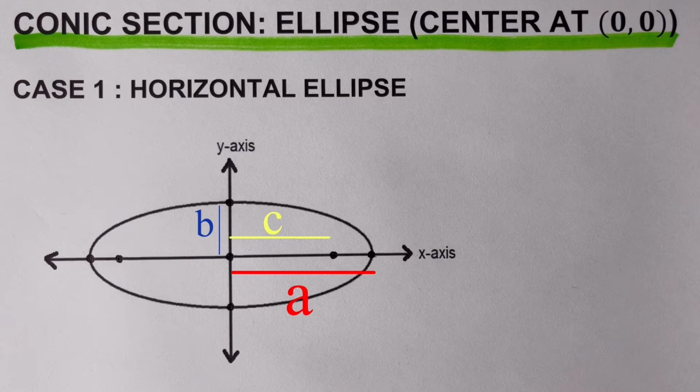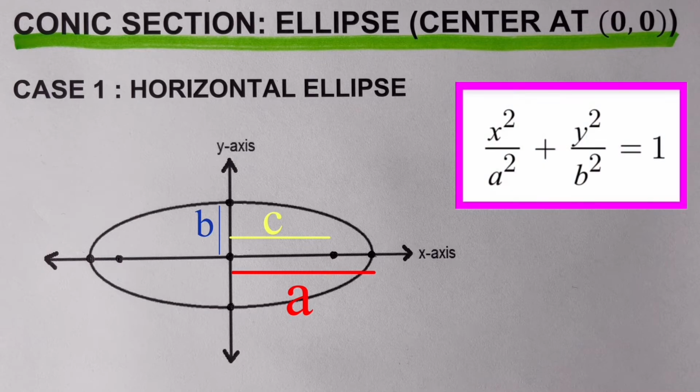Now, using these lengths a and b, we can come up with an equation of a horizontal ellipse, and that is x squared over a squared plus y squared over b squared equals 1.